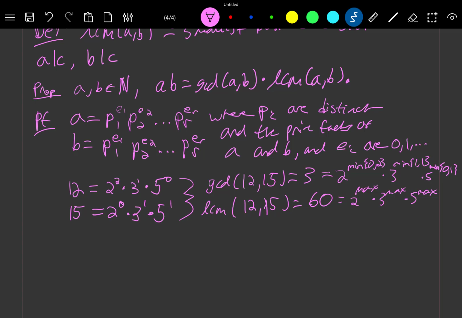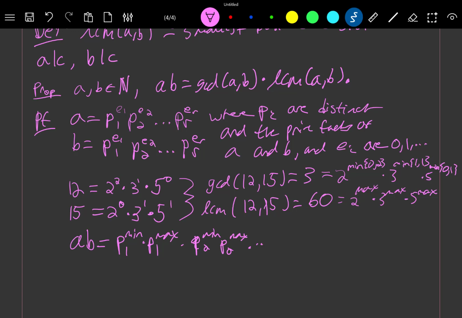And so if we can show that the GCD of these two numbers is the product of the Pi's raised to the mins, and the LCM is the product of the primes raised to the max, then if we look at A times B, it's just P1 to the min times P1 to the max times P2 to the min, P2 to the max, and so on.